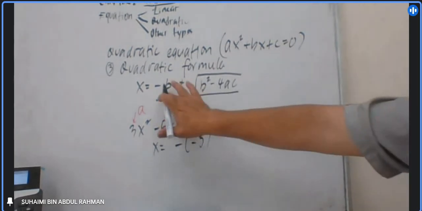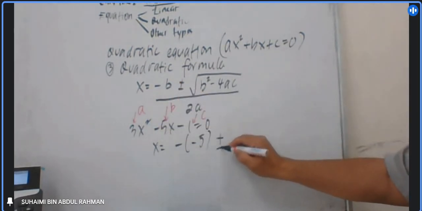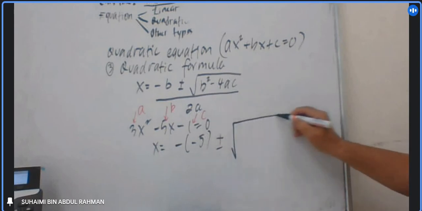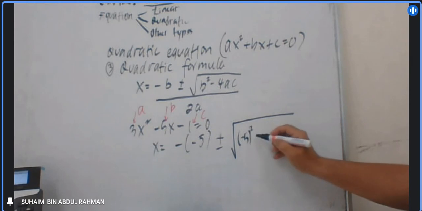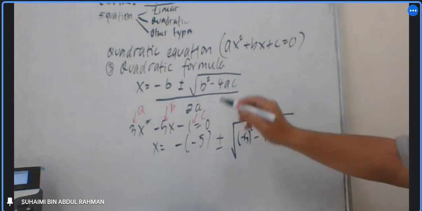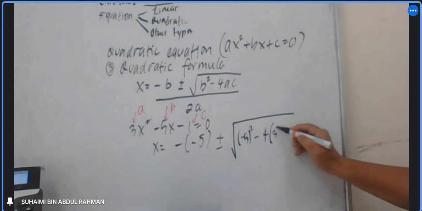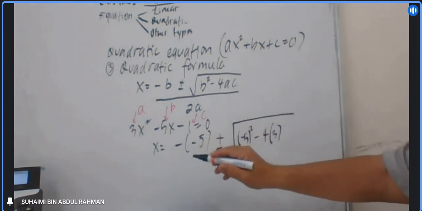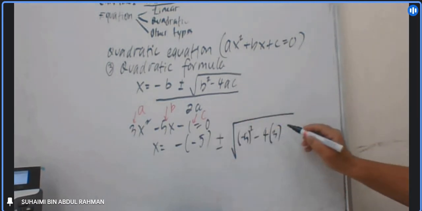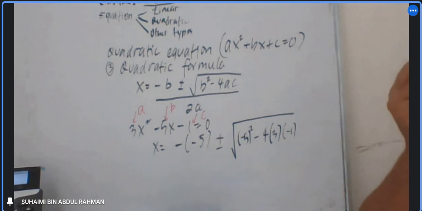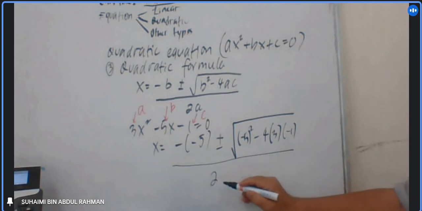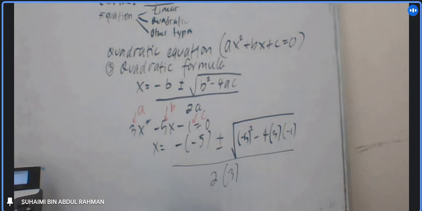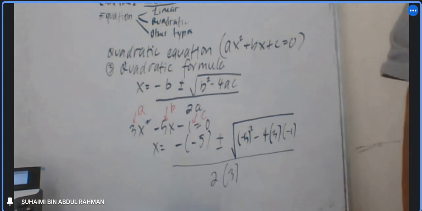Okay, we substitute now. Plus minus square root of b squared, which is minus 5 squared, minus 4 times a, what is a? 3. c is minus 1. Divided by 2 times 3.